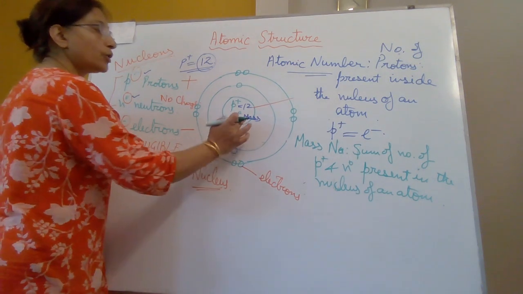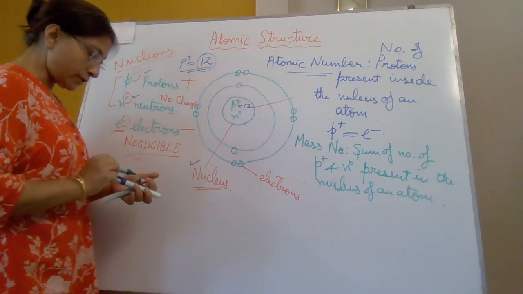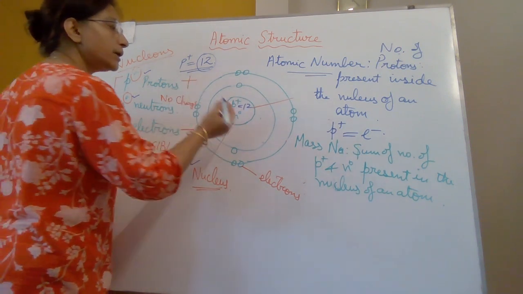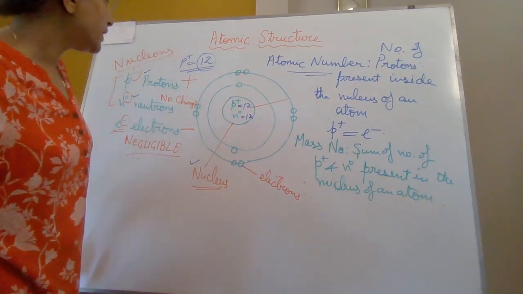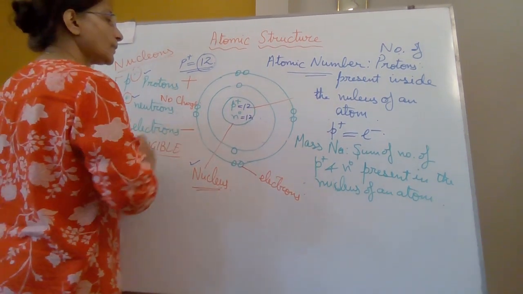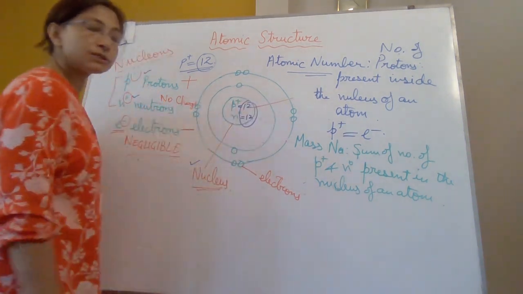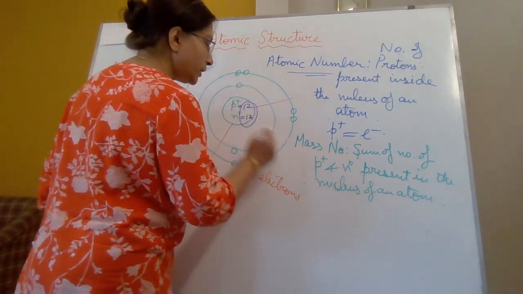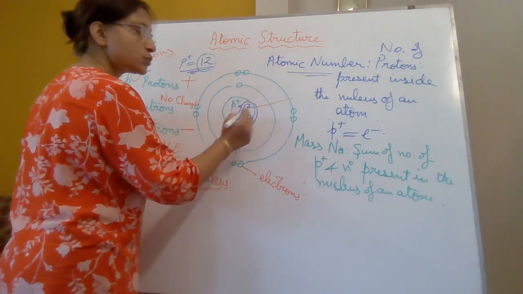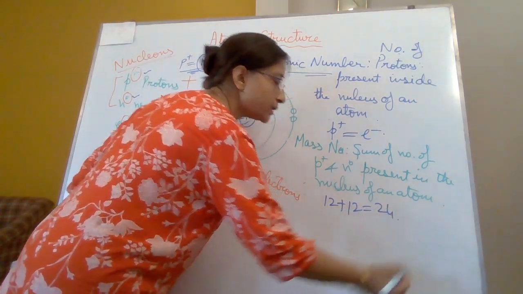So it is the sum of the number of protons and neutrons present in the nucleus of an atom. Now here the protons are 12 and the neutrons are also 12, right? Then in that case, what will be the mass number of magnesium? That is going to be 12 plus 12, which gives you 24.